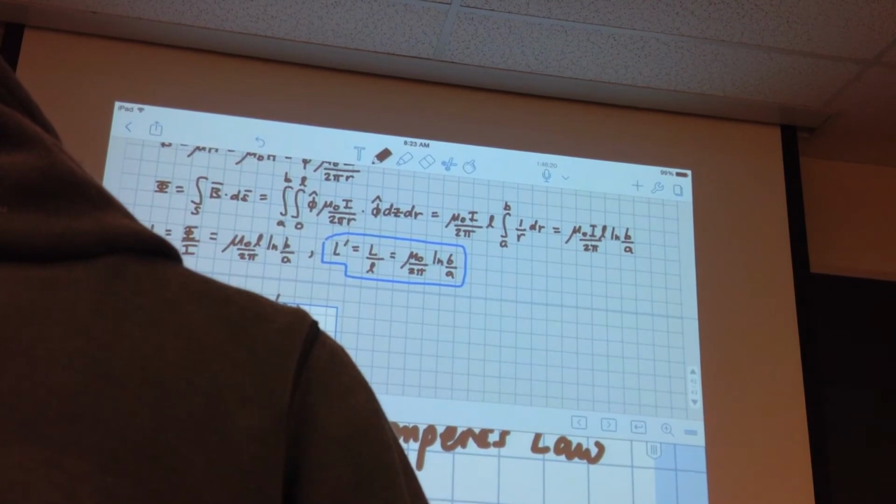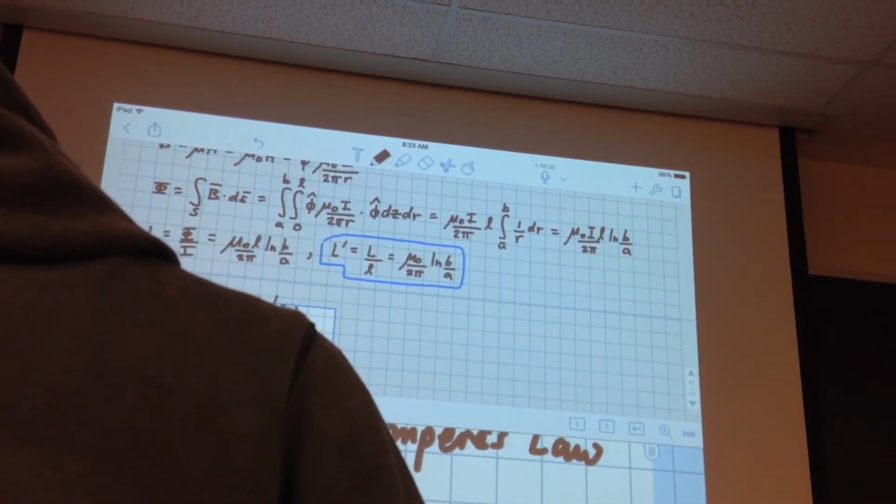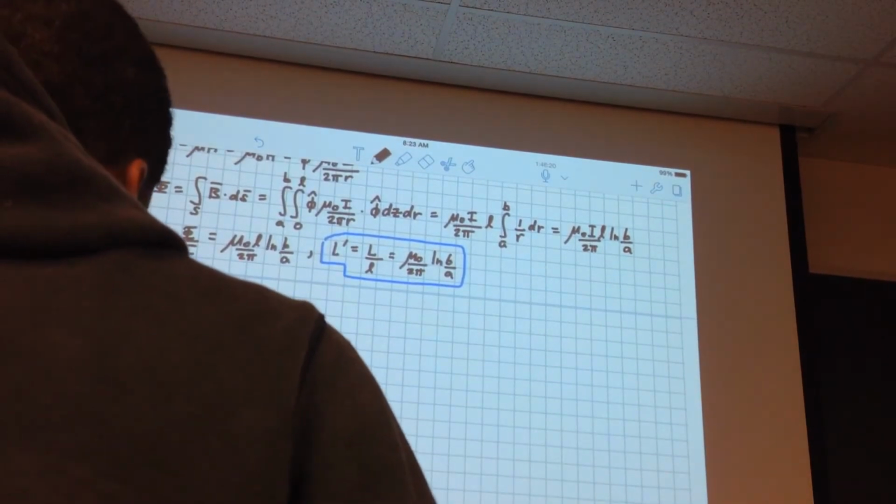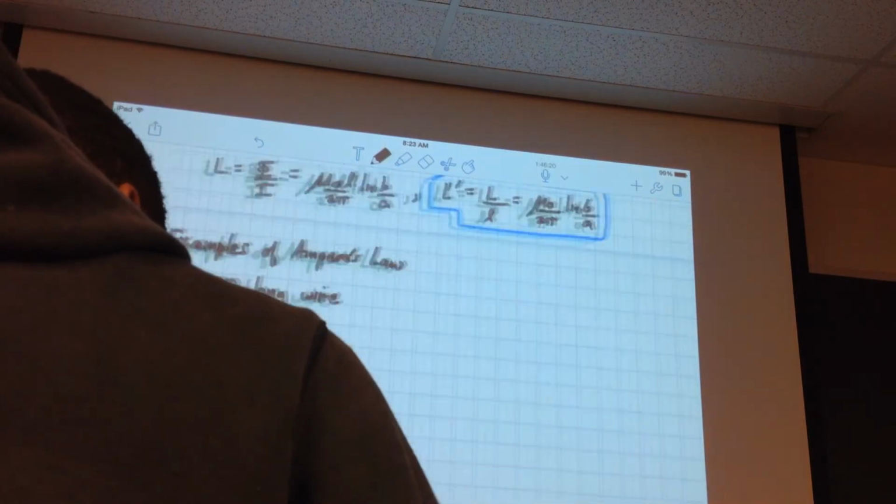Okay, so the first one, let's do an infinitely long wire. Instead of an infinitely long coax, I want to just look at a wire.